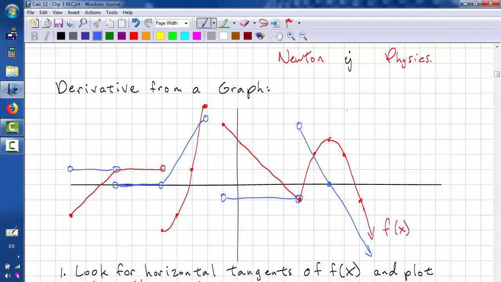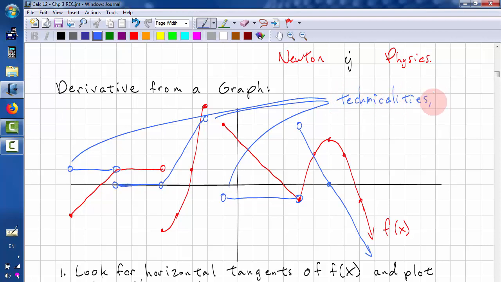Okay, so this, and this. These are technicalities. Leave open if unsure. Okay, so here, there's a limit on the left, there's a limit on the right, they don't match. So this is definitely a hole.